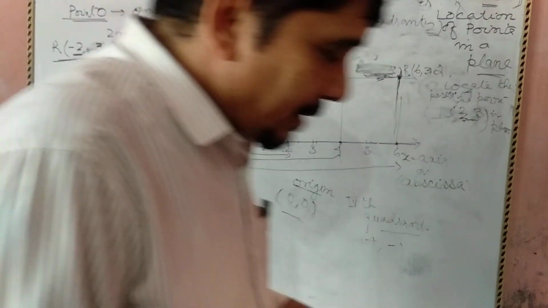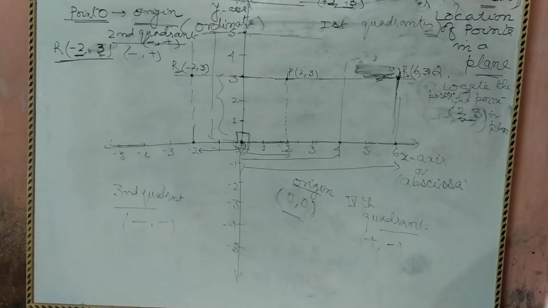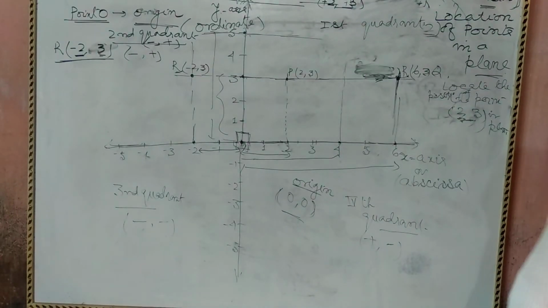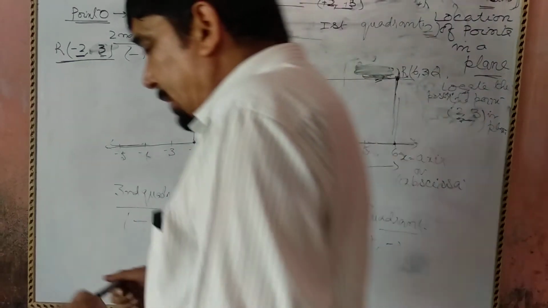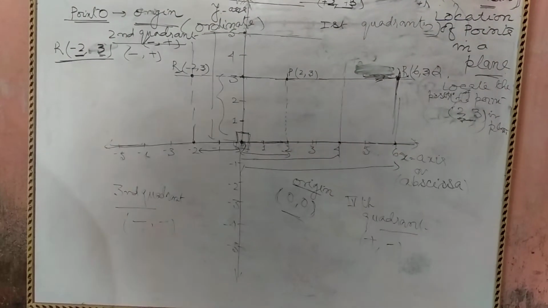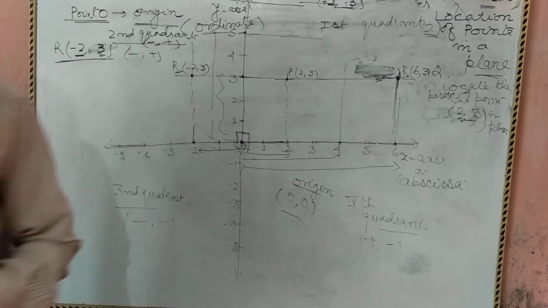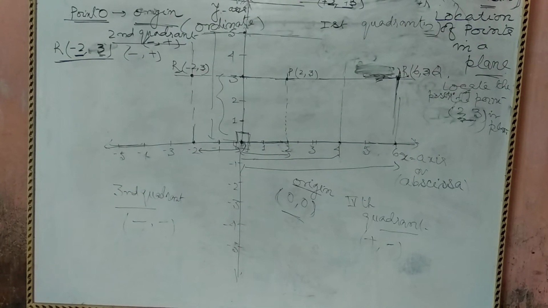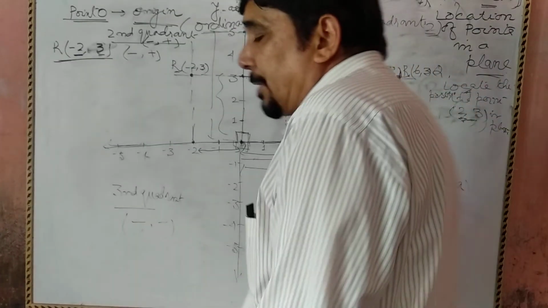So first remember these things. Sometimes points with ordered pairs are given, and it is asked to say in which quadrant these points lie. So by knowing this way, you can easily say the point lies in that particular quadrant. Okay.